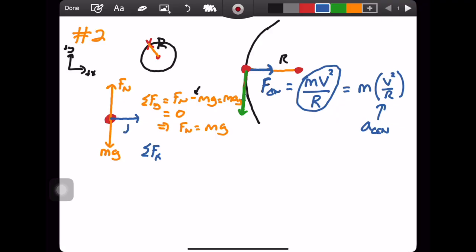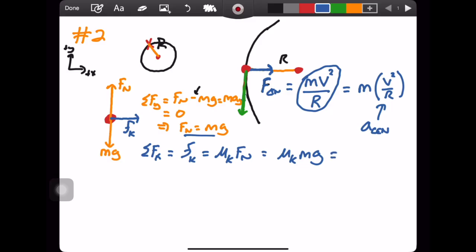This is the coefficient of kinetic friction multiplied by the normal force, which we call a cursive F_k, which is just the frictional force due to kinetic friction. And so this is equal to F_k, which is equal to the coefficient of kinetic friction multiplied by the normal force. We've already shown that the normal force is equal to mg, and so this is mu_k mg.